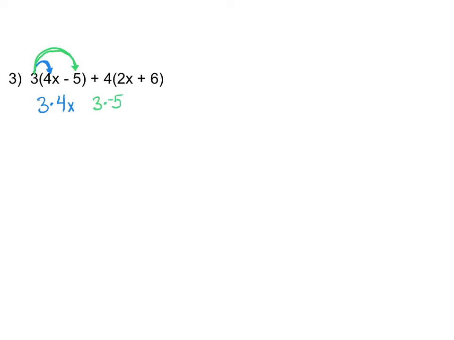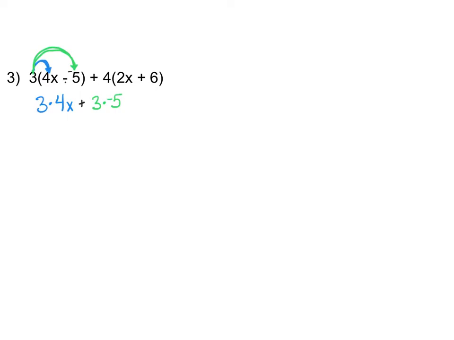Okay, and I would just put a plus in between the two. Yes, there's a minus here, but I'm multiplying by negative 5, so it's just going to be adding if you include that in there. Okay, so 3, and then I need to do my second one.